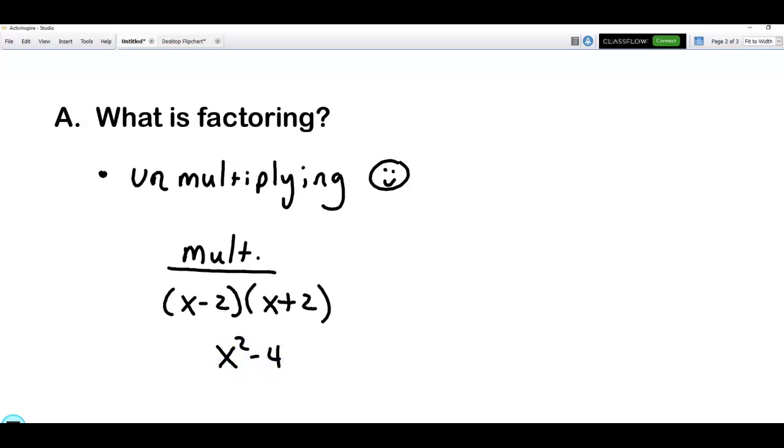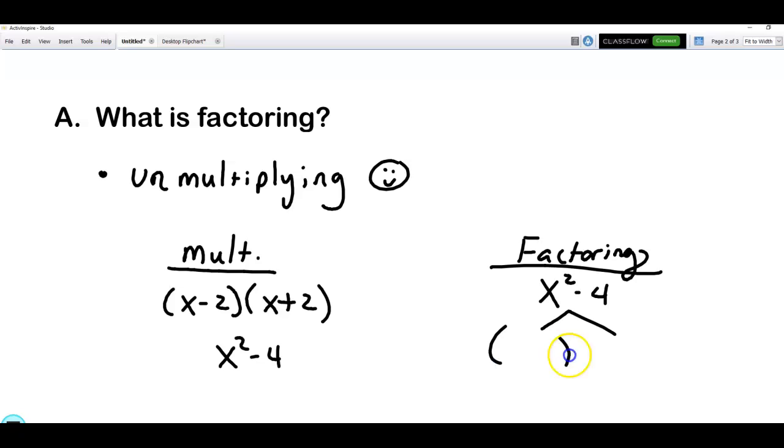Okay? Factoring is the opposite. Factoring is where you start with this and you break it up into what it was before it was multiplied. Okay. So that's what factoring is.